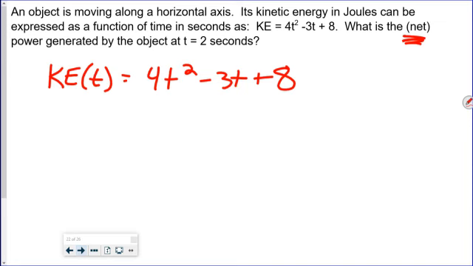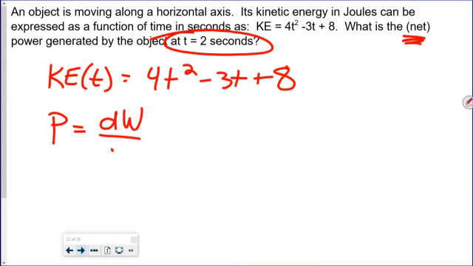Notice it's describing an instant, at 2 seconds. So now we're not talking about average power. We're talking about instantaneous power. So P, instantaneous power, is the rate at which work is done. It's the derivative of work with respect to time. Because we're talking about net power, this is net work.